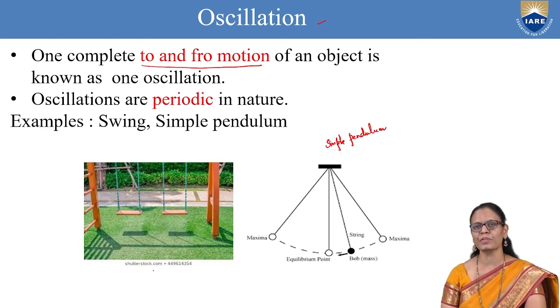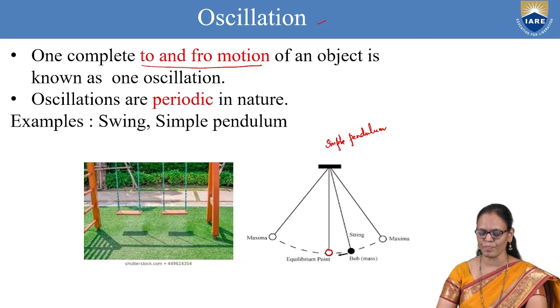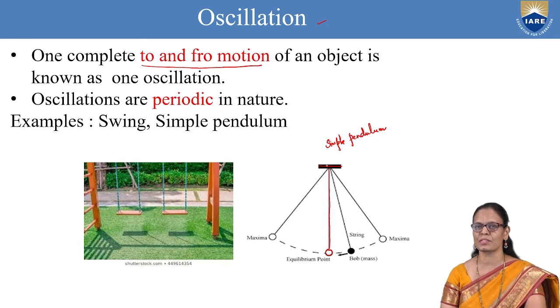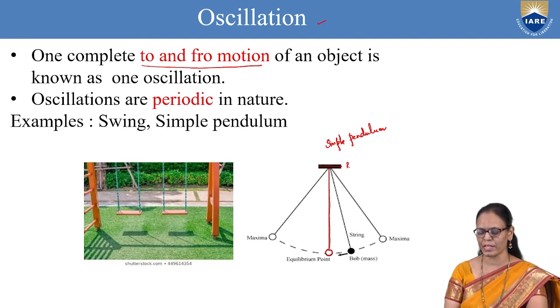So in a simple pendulum, what we have is a small bob which is attached to a light inextensible string, and one end of it is fixed to a rigid support. So this is the rigid support, and this is the string, and this is the bob.